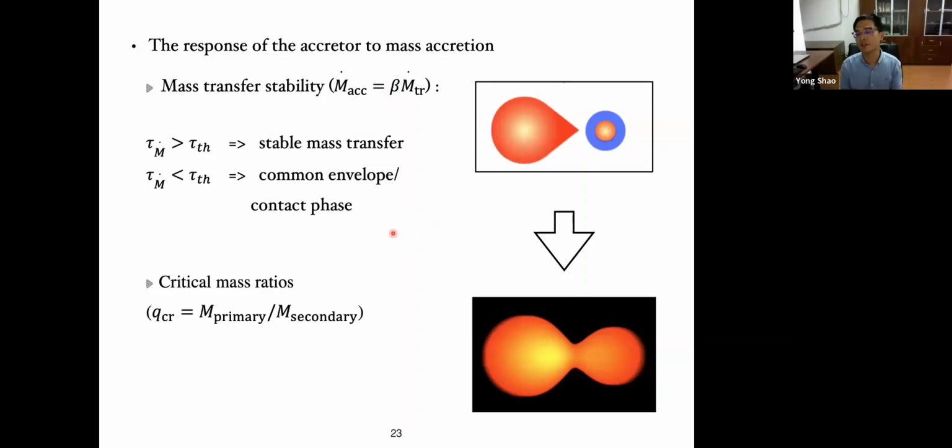And in the field of binary evolution, the mass transfer stability is usually related to a concept named critical mass ratio. So the mass ratio of a binary system can decide the mass transfer rate on a nuclear time scale, or thermal time scale, or dynamical time scale.